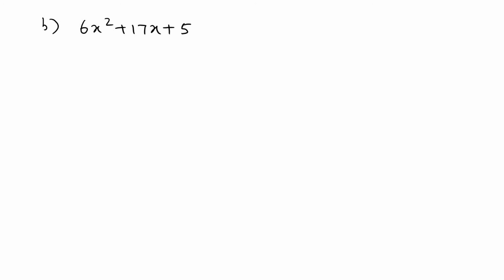Again, we're going to look at the product of these two, which is 30. Then we think of two factors of 30 that are going to add up to 17. You can see that it is 15 and 2. That's the first step: we find the two factors of 30 that add up to the middle coefficient, with the sign.